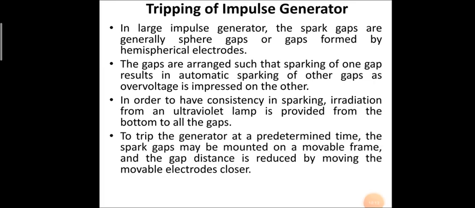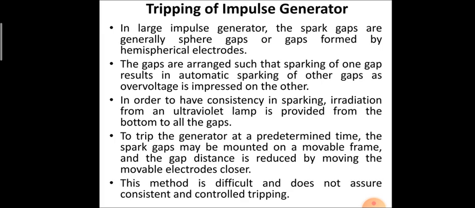Now to trip the generator at a predetermined time, the spark gaps may be mounted on a movable frame and the gap distance is reduced by moving the movable electrodes closer. We saw this when I was explaining our HV lab for testing the breakdown strength of air, where we had an option to reduce the gap length by moving the electrodes.